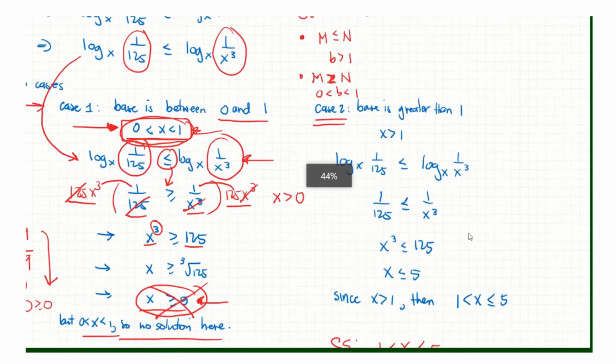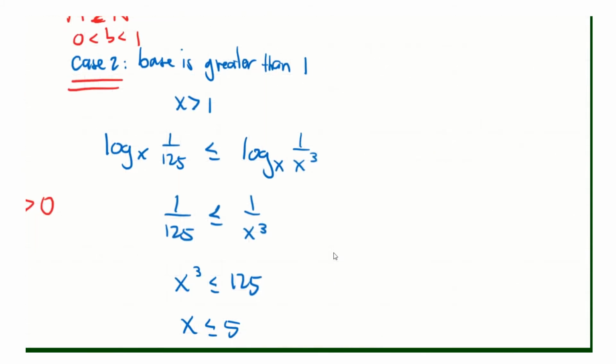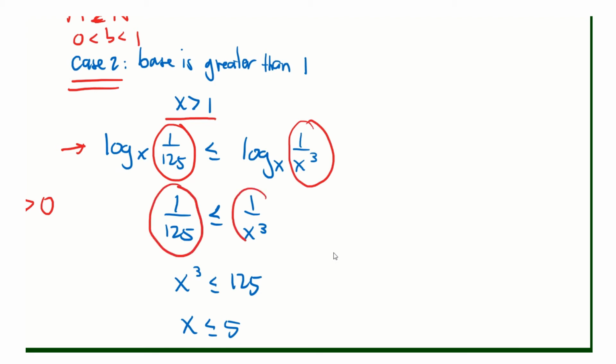Case number 2, the base now is greater than 1, meaning to say x is greater than 1. We copied the same expression, log base x, 1 over 125, less than or equal to log base x, 1 over x cubed. When you relate this to 1 over 125, 1 over x cubed, since the base is greater than 1, you have to preserve the inequality from less than or equal to the same less than or equal to.